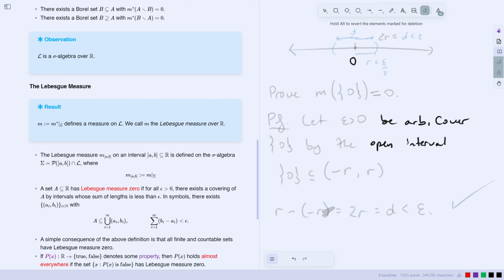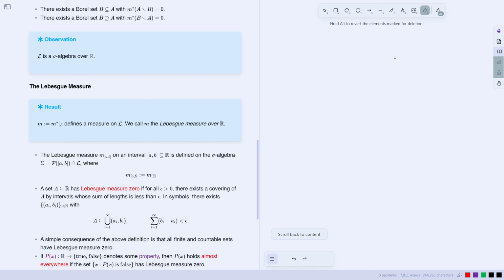Sets of Lebesgue measure 0 are kind of unimportant, right? We assign them a measure of 0. It's basically a way of saying that for all intents and purposes, we can just not care about them. There will be some people who get really upset at me saying that, but they're pretty unimportant, sets of Lebesgue measure 0.